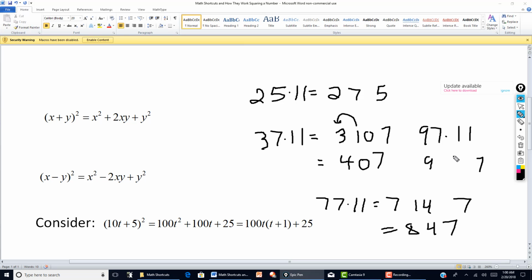So in this case, you get 16. Carry the 1 over here. That gives me 10. So the answer comes out to 1,067. Okay.